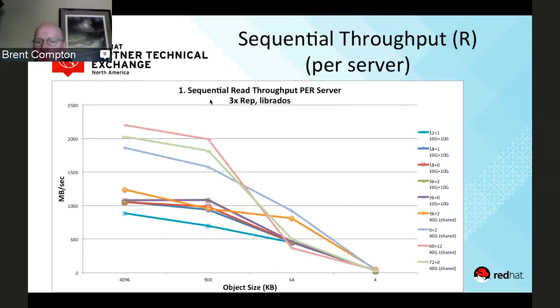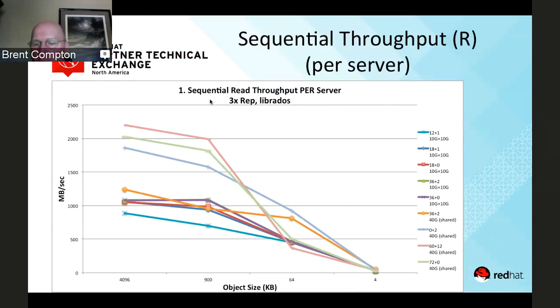So, for instance, going down to the green line, 36 plus 2 would be 36 OSDs per server, plus 2 dedicated flash write journals. In the reference architecture it goes into more detail: those 2 happen to be PCIe NVMe flash, not standard SAS/SATA SSD. And then the networking is 10 gig plus 10 gig, that's front and back facing 10 gig networks.